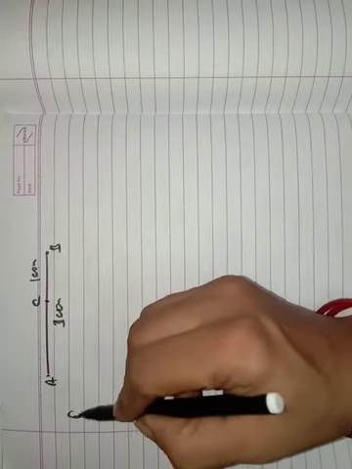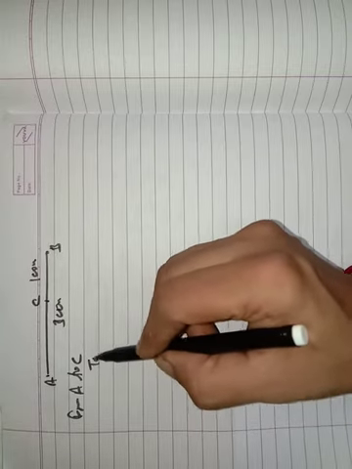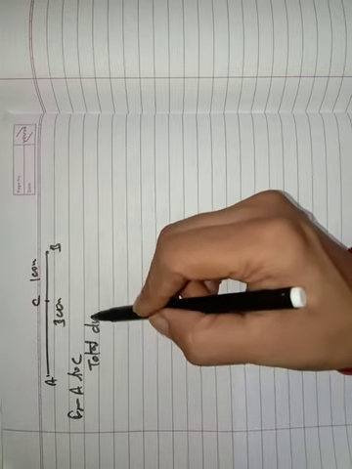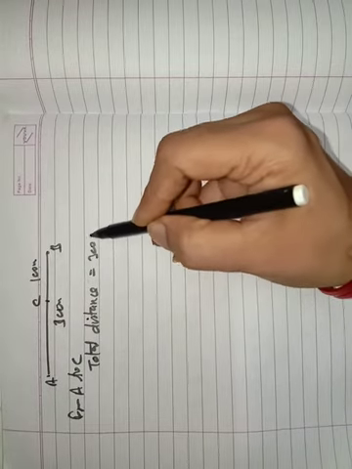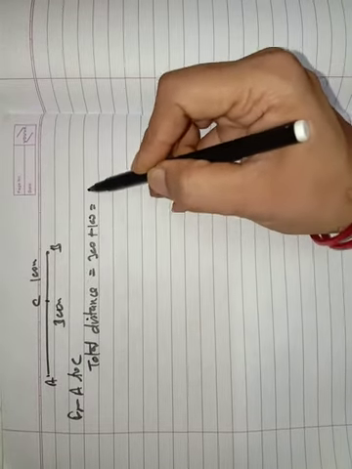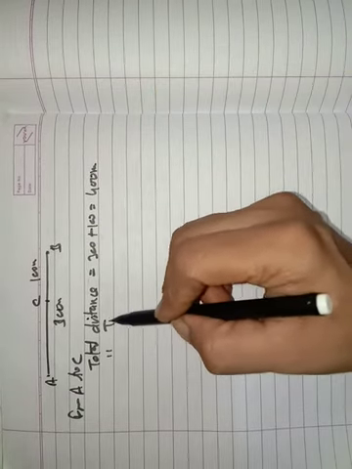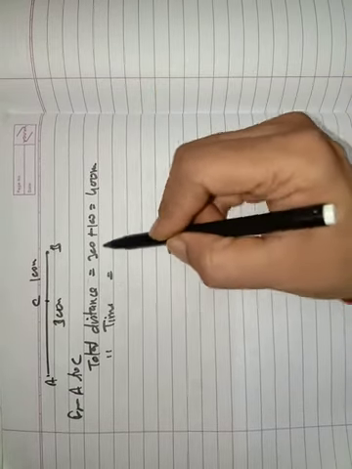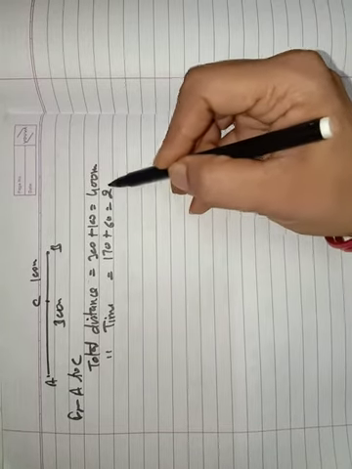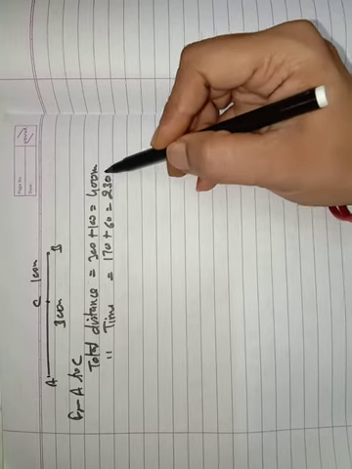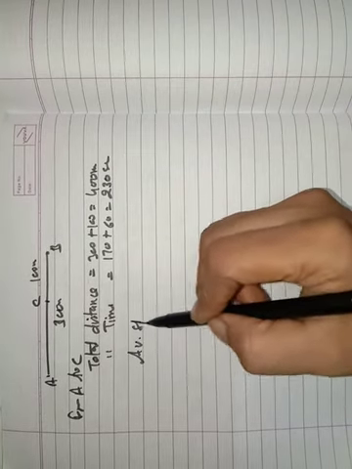Now from A to C, total distance covered by Joseph is equal to 300 plus 100, that is 400 meter. And the total time taken by Joseph to cover this distance is equal to 170 plus 60, that is 230 seconds. Now the average speed.